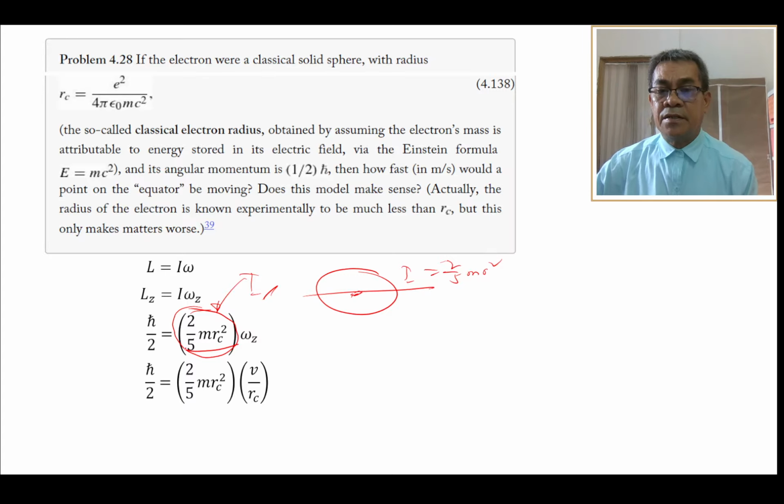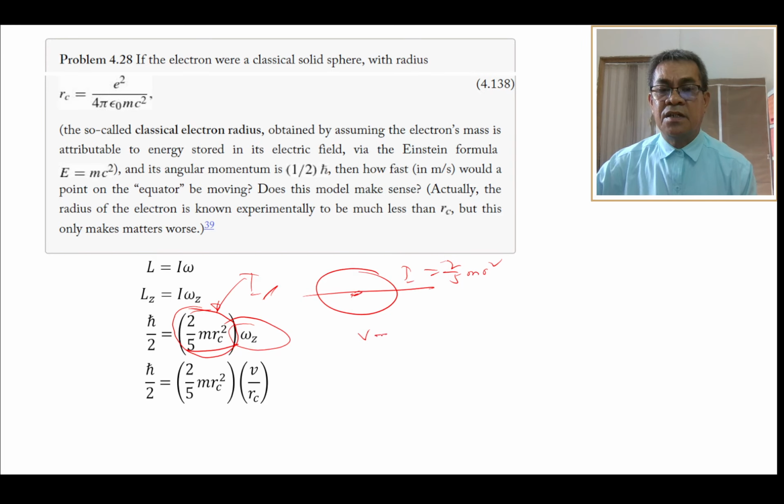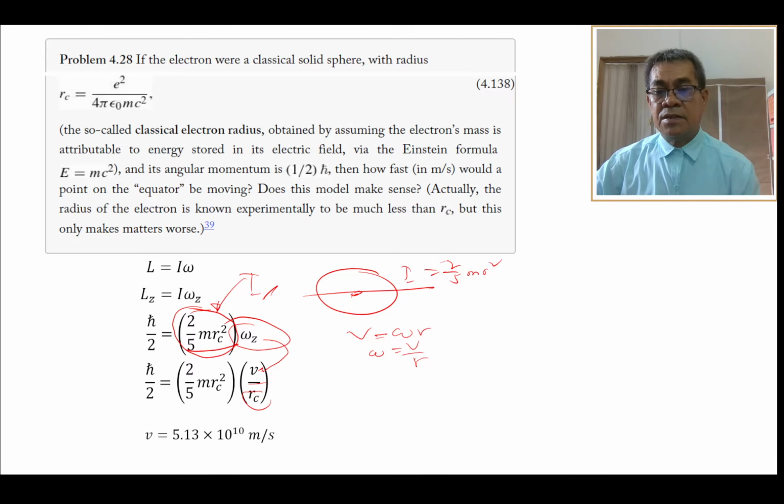But remember, this angular velocity is related to the linear velocity, where the linear velocity is the product of omega r, which means that omega is equal to v over r. So this angular frequency is equal to velocity over the radius. And we are interested in solving for v.